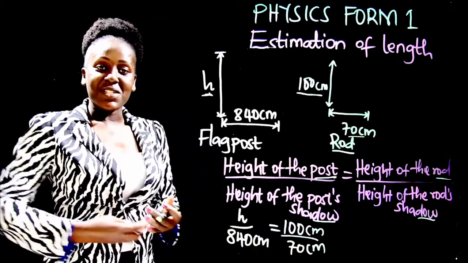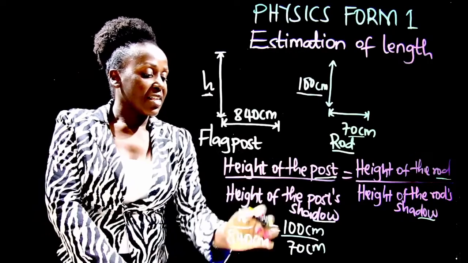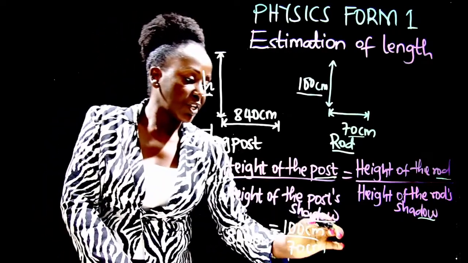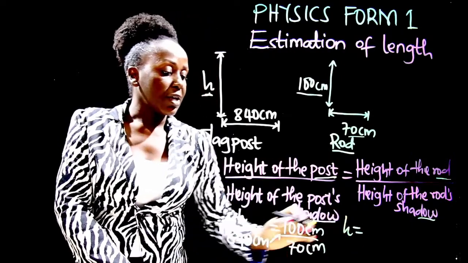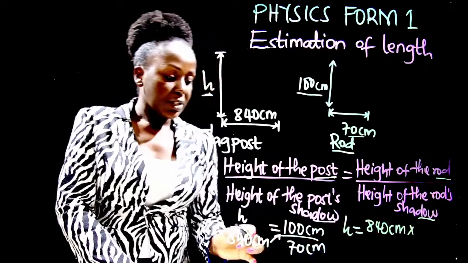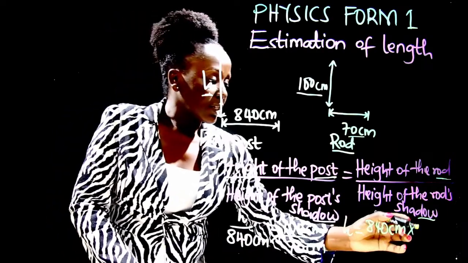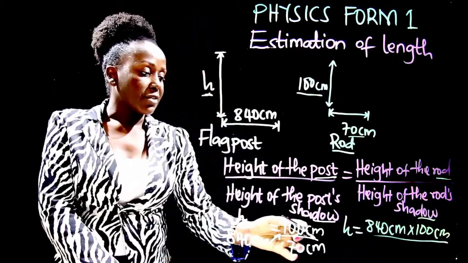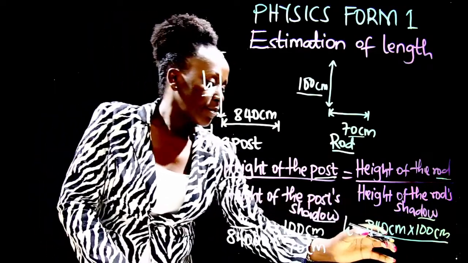At this point, we just perform basic mathematics through cross multiplication. So h is 840 centimeters times 100 centimeters, all over 70 centimeters.